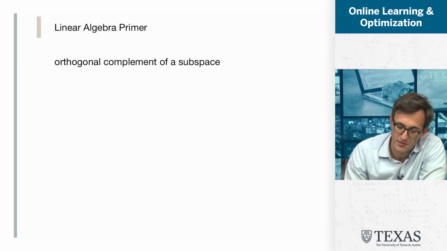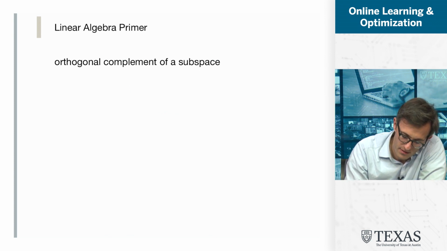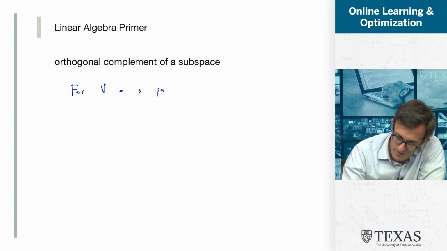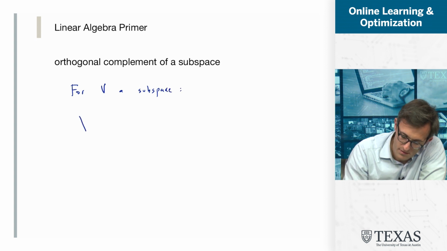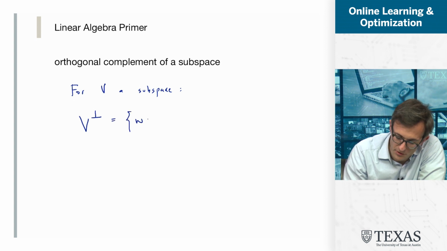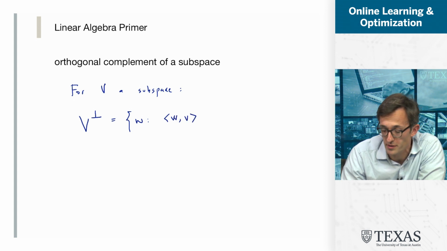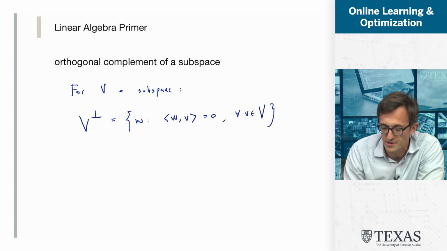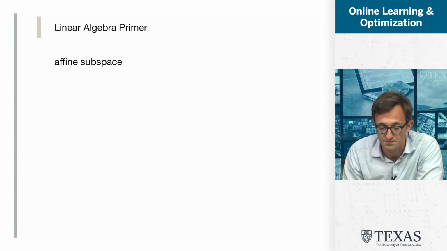It's also important to define an orthogonal complement of a subspace. For V a subspace, its orthogonal complement is all vectors that are perpendicular to it. All w such that w dot product, or inner product, with v is equal to 0 for every v in V. And we'll see some analogs of this definition when we talk about convex sets and cones.